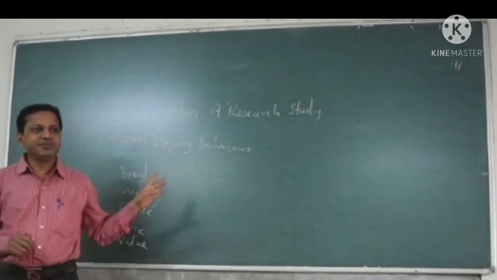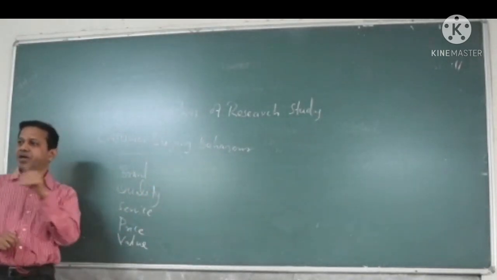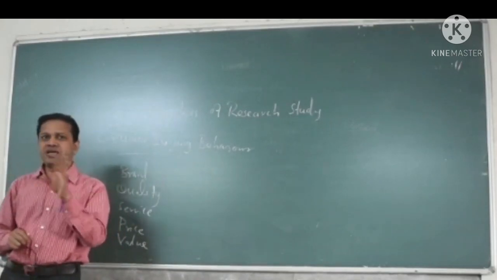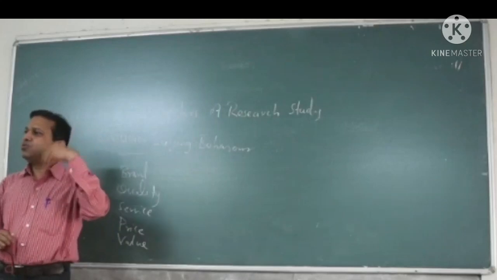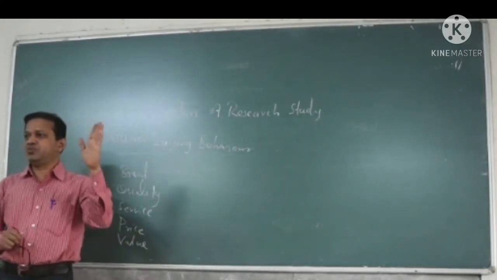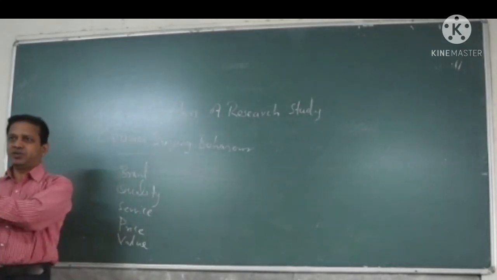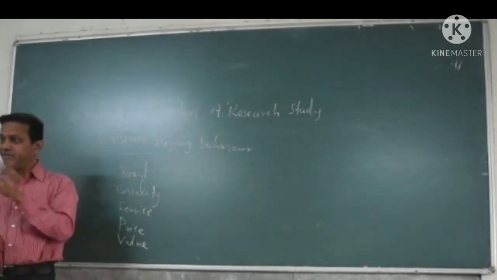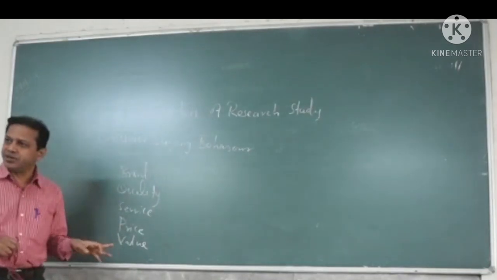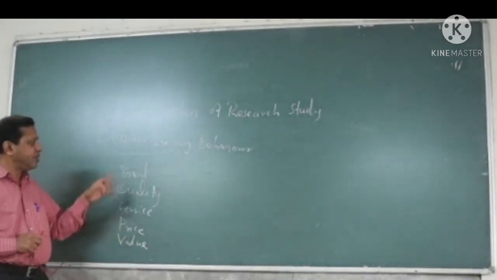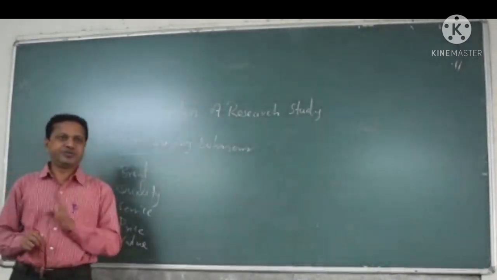Now while buying I consider price, I compare. There is more than one brand available in the market, so of that, what is the price of X brand, price of Y brand, or Z brand; quality I compare, availability also I consider, service I consider, price value I consider. These I consider.